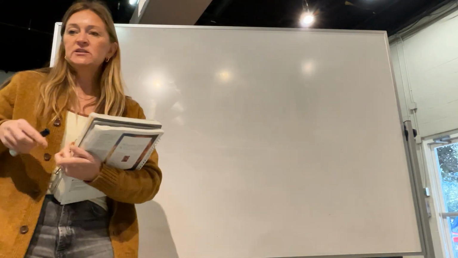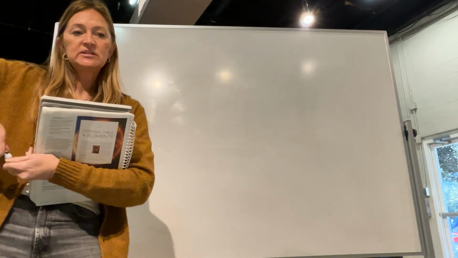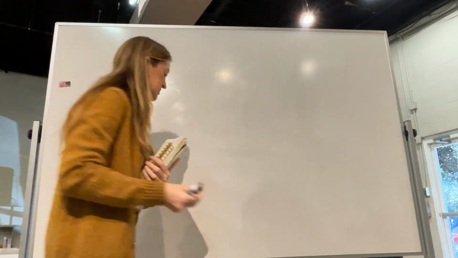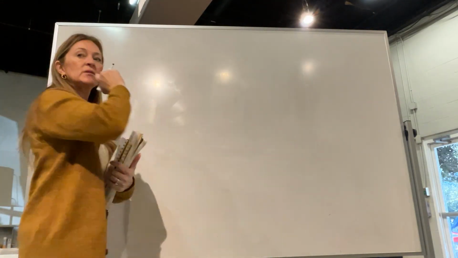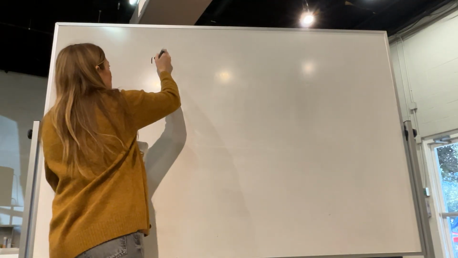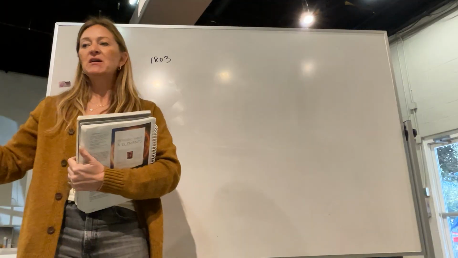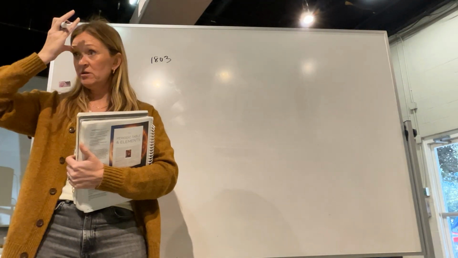Okay, who can tell me the name of the person who first got started in developing the periodic table in the early 1800s? It's actually a unit of measurement named after him. The atomic mass unit of measurement.